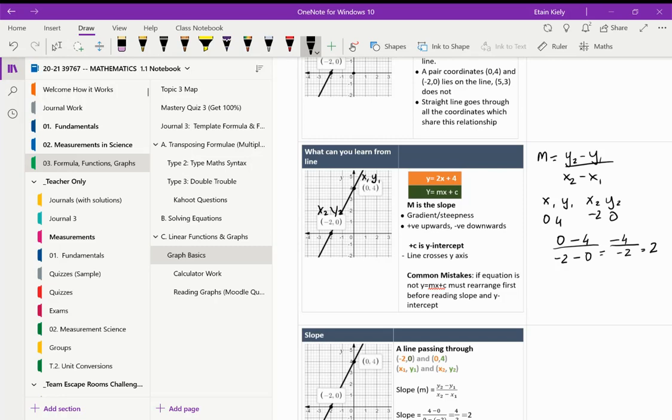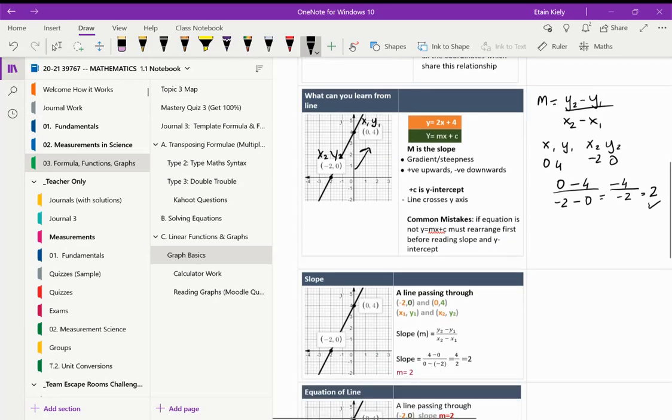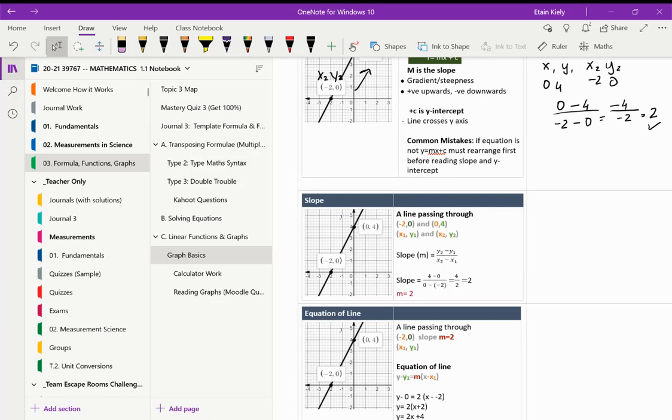And we can see here that the slope is going upwards like this, which is correct for a slope of 2 here. We can find also the equation of the line once we have the 2 points and the slope. So the equation for this is y minus y1 is equal to m into x minus x1.